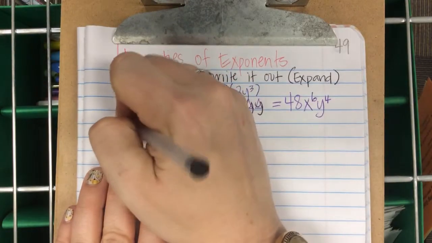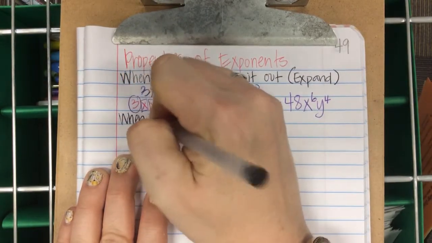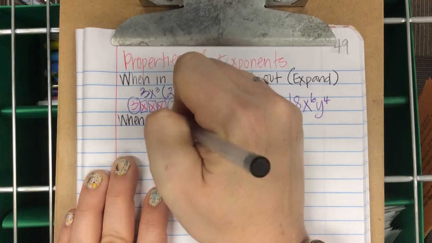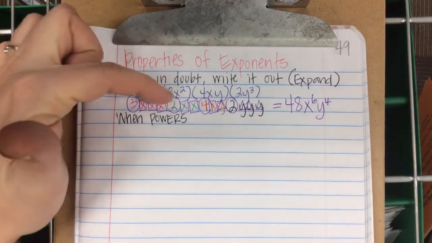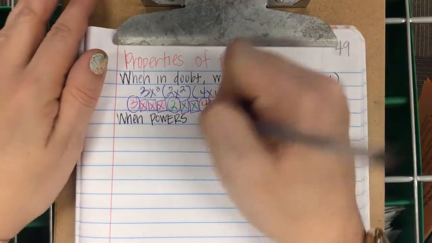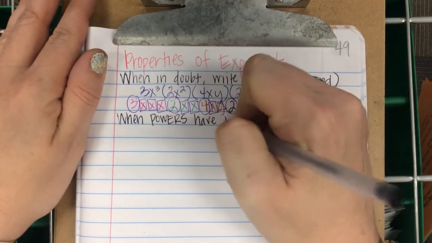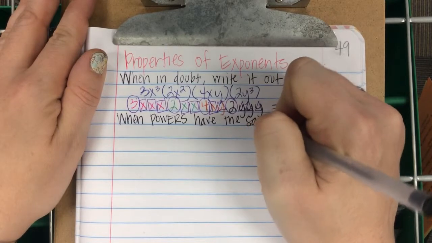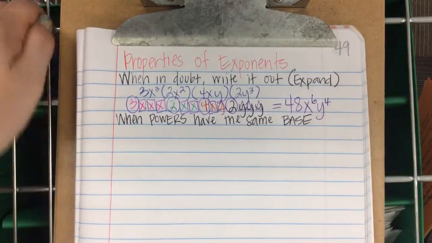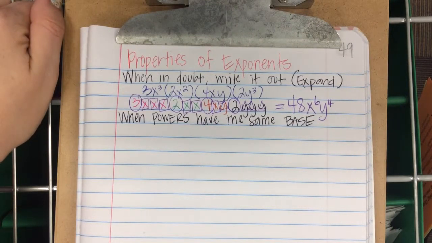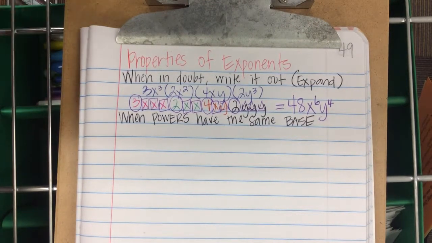Okay, so it's when powers, and remember the whole thing's called a power, when powers have the same base, what's the base? The big number, the bottom number.